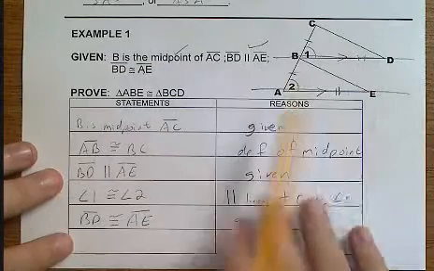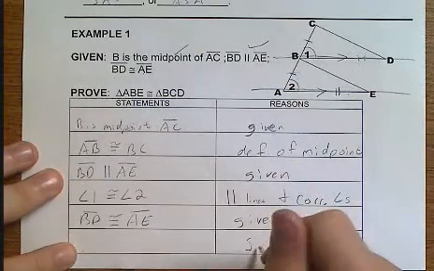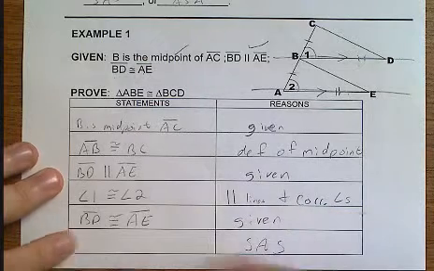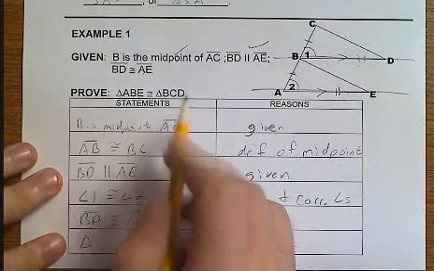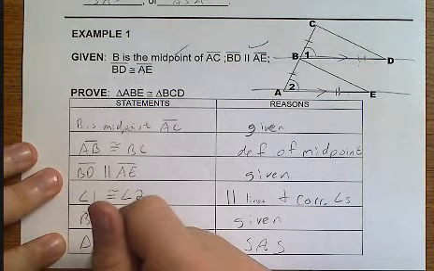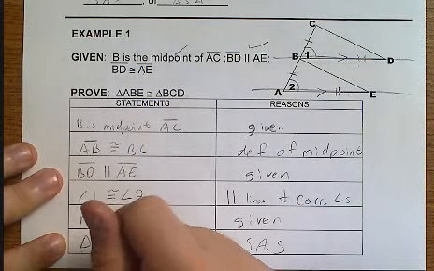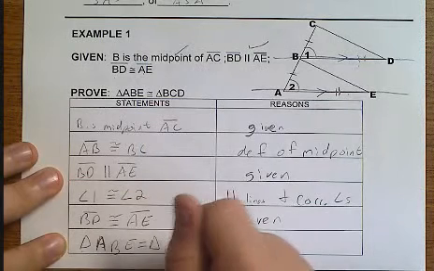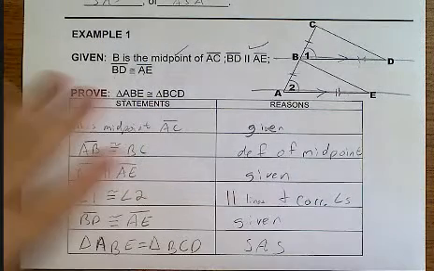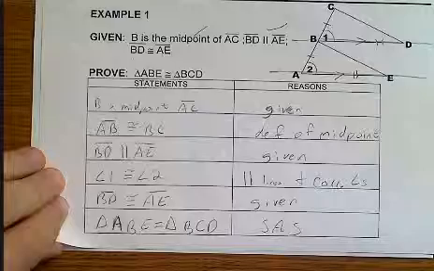So I can use side angle side to show that, using the statement they told us, triangle ABE is congruent to triangle BCD. Moving on.